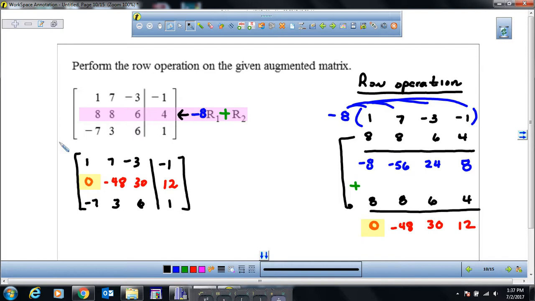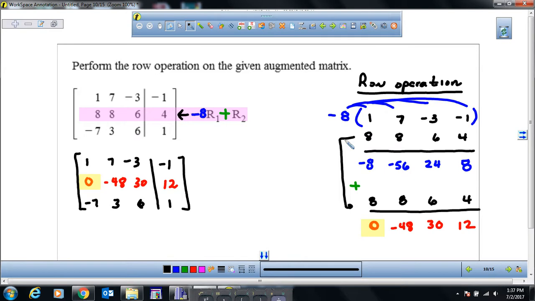Now, when I said make a number a 1, I told you we're going to multiply by the reciprocal or divide everything by the same number. Now, if I want to make a number into a 0, we're going to use the process of addition. If you remember, what does the process of addition consist of? Multiplying one equation by a number, so that when I add it to the other equation, it cancels.